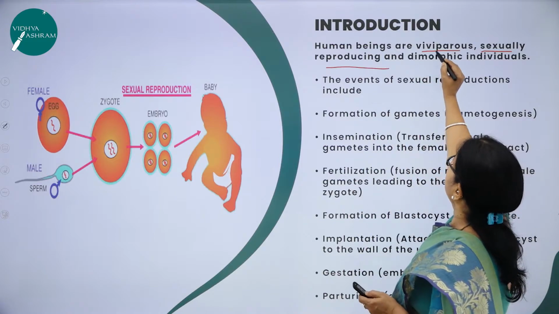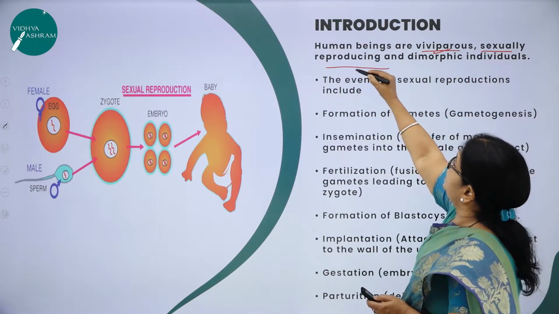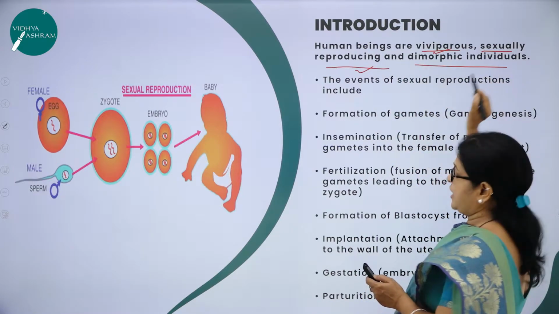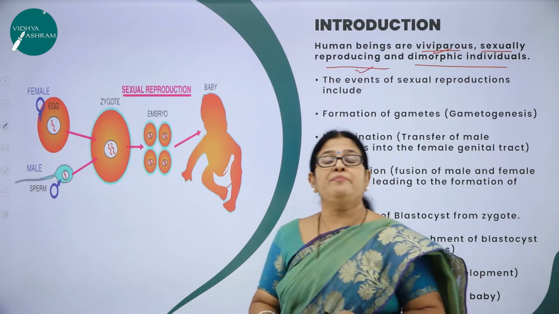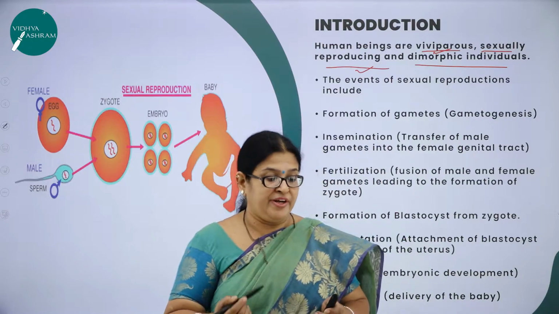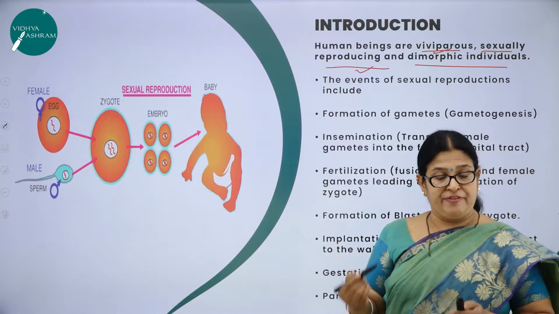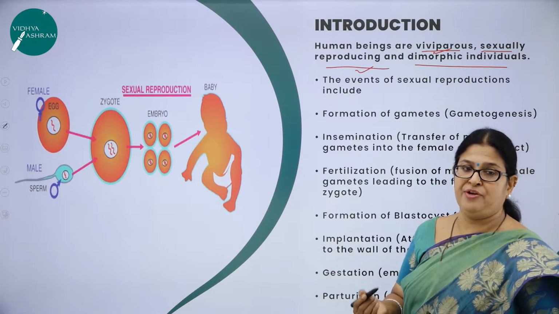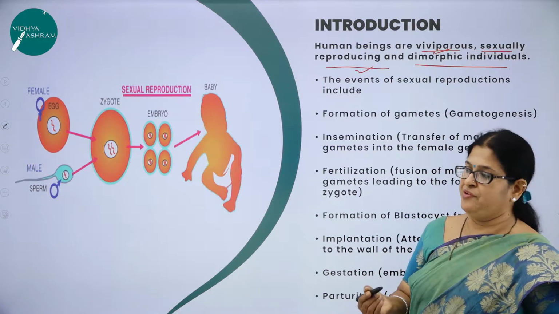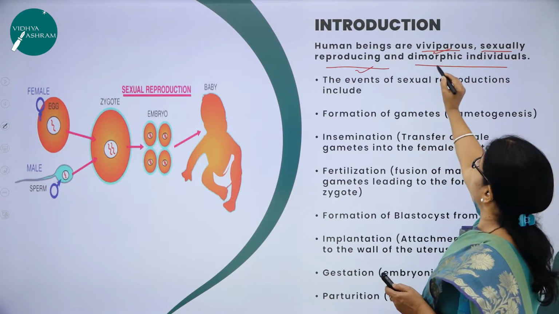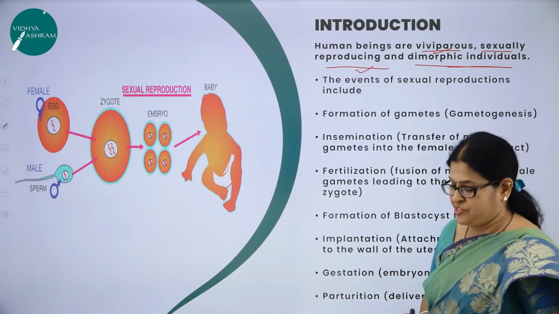So humans are viviparous, sexually reproducing, not asexual, and dimorphic individuals. What do you mean by dimorphic individuals? We differentiate the male from the female. There are distinct differences between the male individual and the female individual.